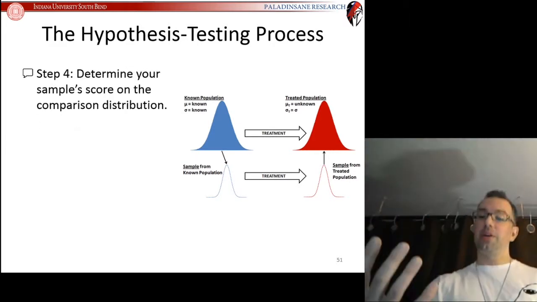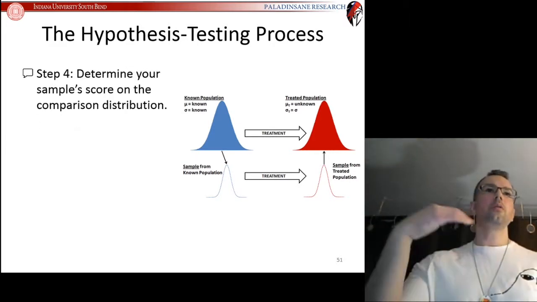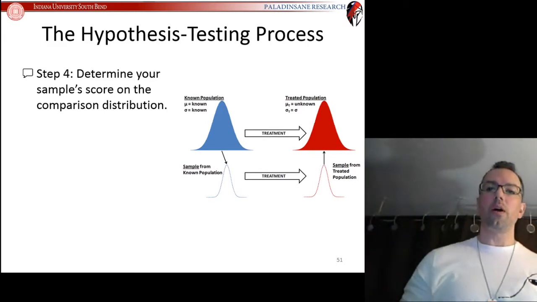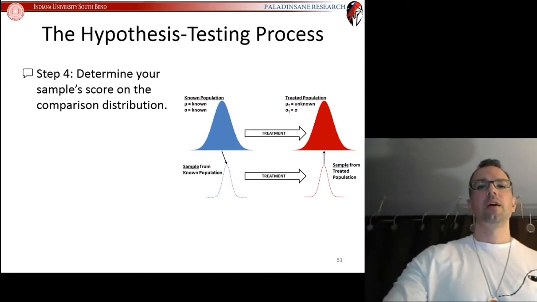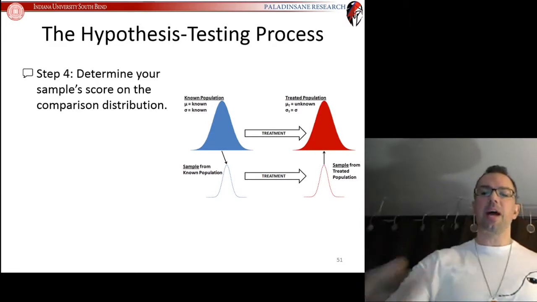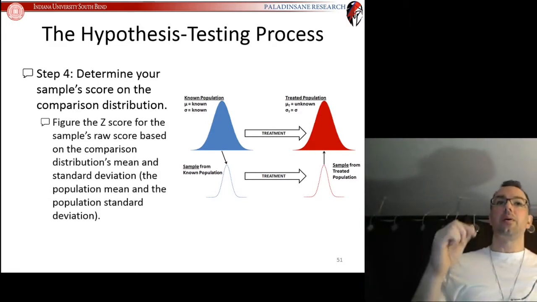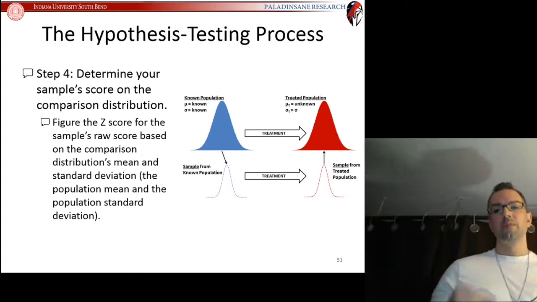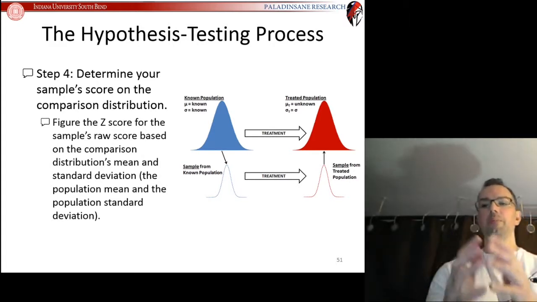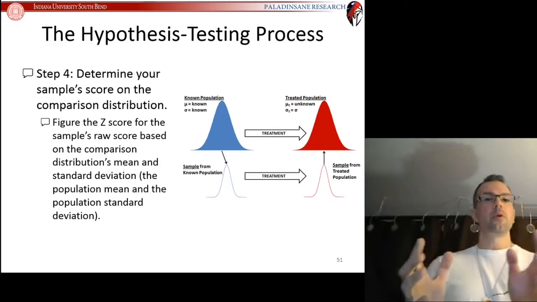And then, penultimately, step 4, we got to determine our sample score on the comparison distribution. And this is the first kind of mathematical calculation we need to do because we need to figure out our sample's z-score. So we have our sample's raw score. We measured their self-esteem.